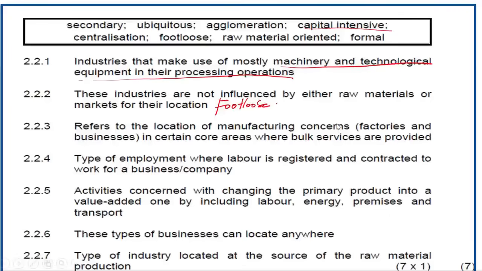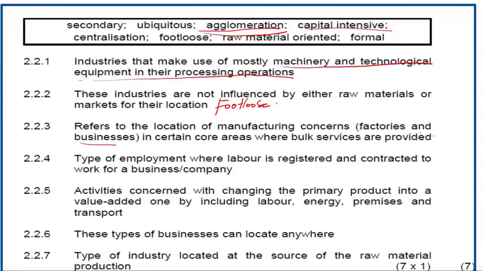Refers to the location of manufacturing concerns, factories and businesses in certain core areas where bulk services are provided. So what is this? This is what we call agglomeration. Agglomeration refers to the location of manufacturing concerns, factories and businesses.